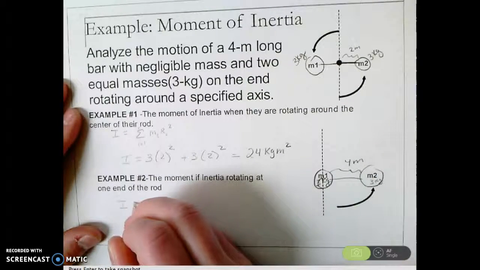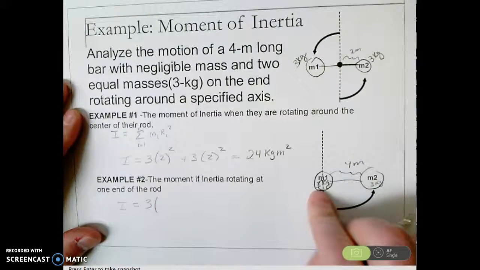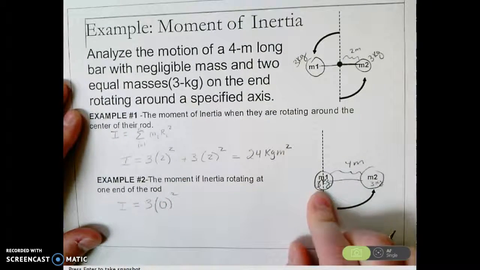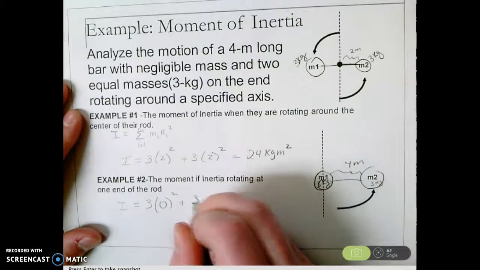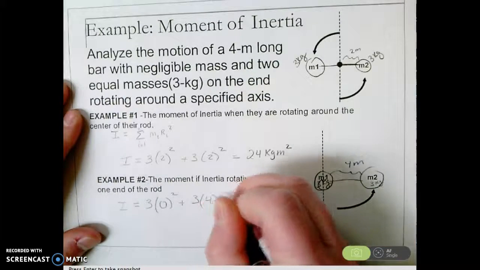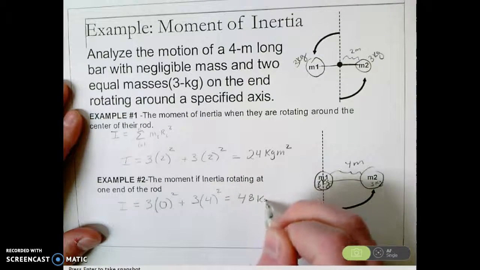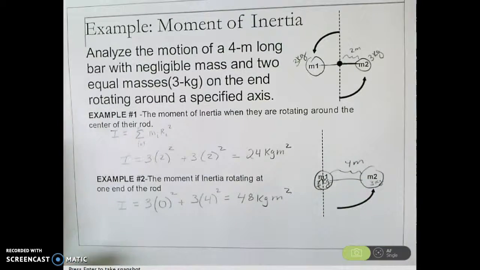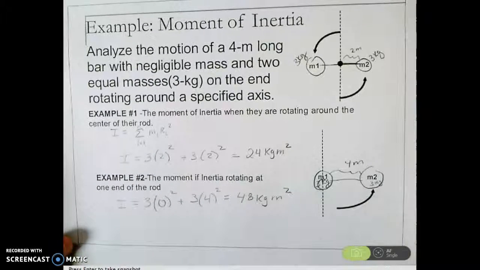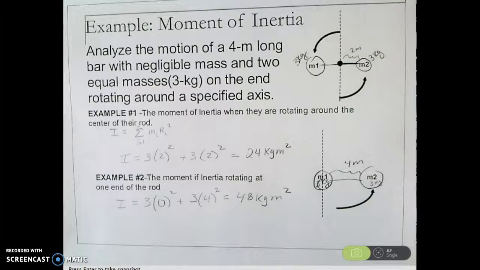Since it's rotating around object 1, you have the mass of object 1, but since it's rotating around this point, we actually say that the distance is 0, because it's rotating around that specific point, plus mass 2 times the new moment arm, so the distance here is now 4 squared, which now will give us a different answer. It will give us an answer of 48 kilogram meters squared. So as you can see, the moment of inertia does change depending on where a mass is located.